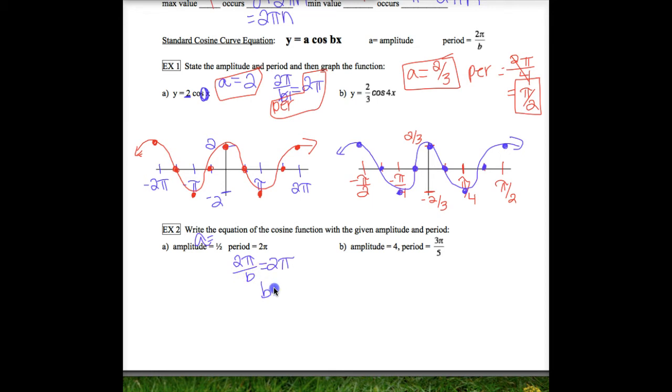So B is 1. A we said was 1/2, so we're just plugging that into y equals A cosine Bx. So we plug in the 1/2 for the A. B is 1, so we don't need to write 1x, just write x. So 1/2 cosine x should be our answer there.